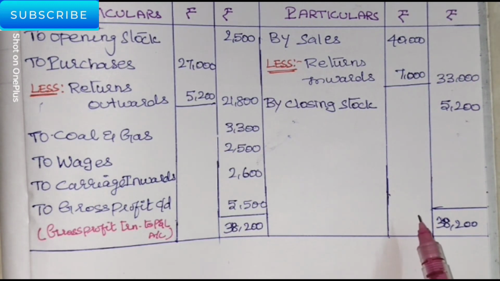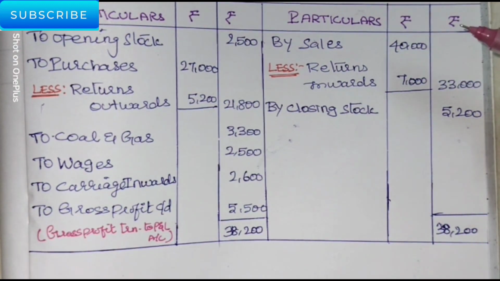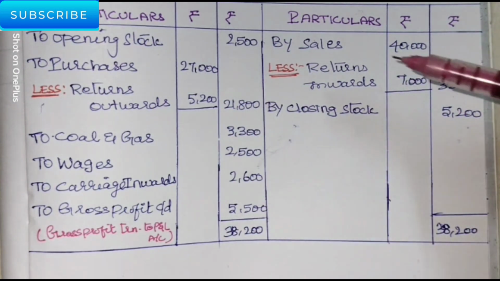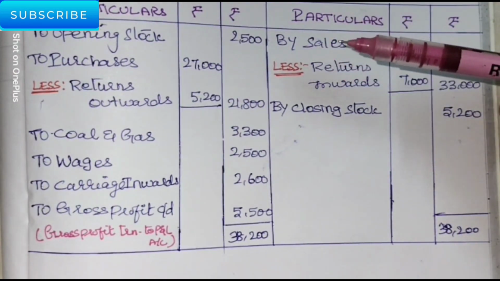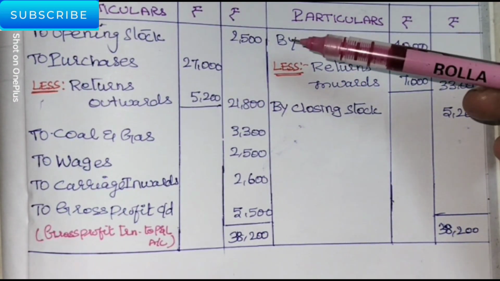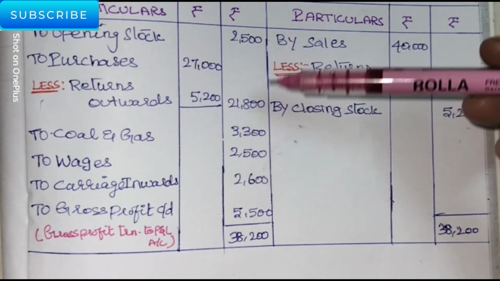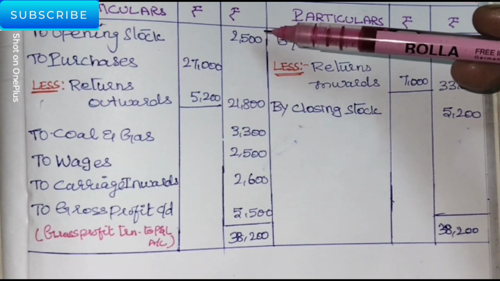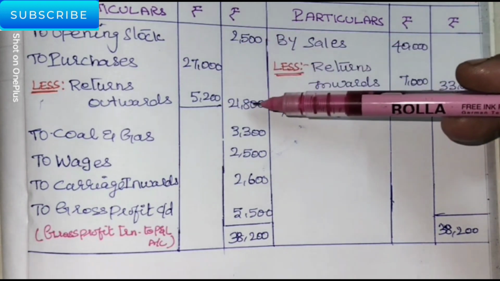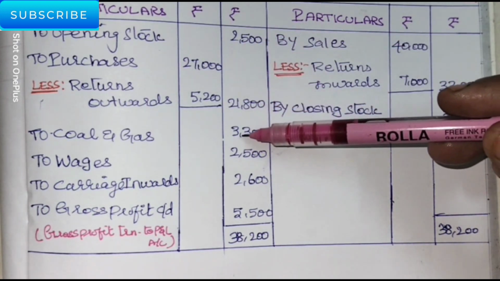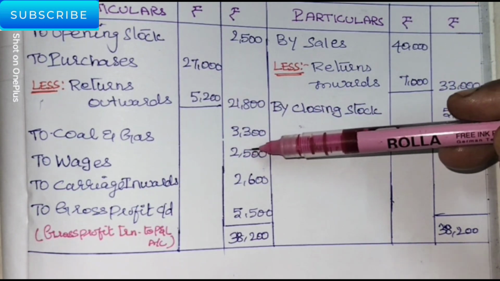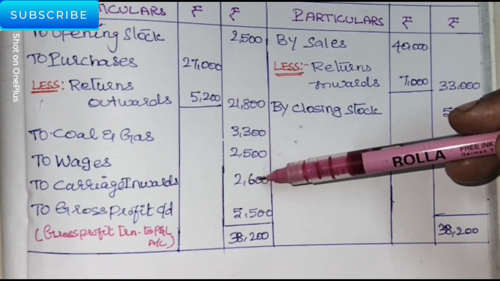Then we have to find the difference between both sides. Which side has the lesser value? The debit side has the lesser value, so we have to sum up the debit side values: 2,500 plus 21,800 plus 3,300 plus 2,500 plus 2,600.